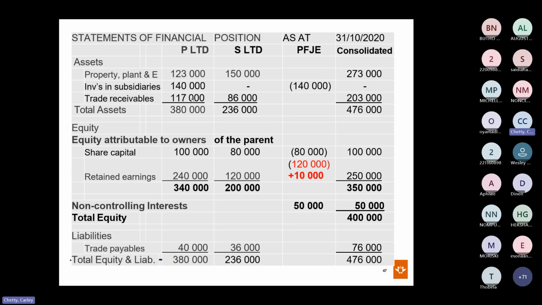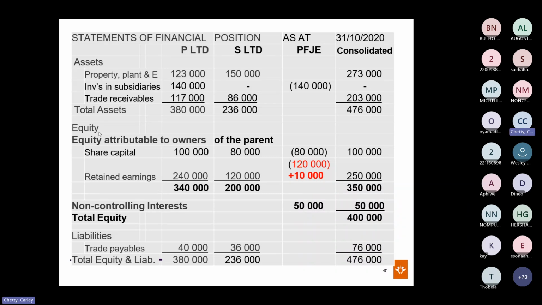P had 117,000 Rand trade and other receivables in their separate financial statements. S had 86,000 in their separate financial statements. So we're simply adding 117,000 Rand plus 86,000 Rand, and that will give us 203,000 Rand trade and other receivables in the consolidated statements of financial position.